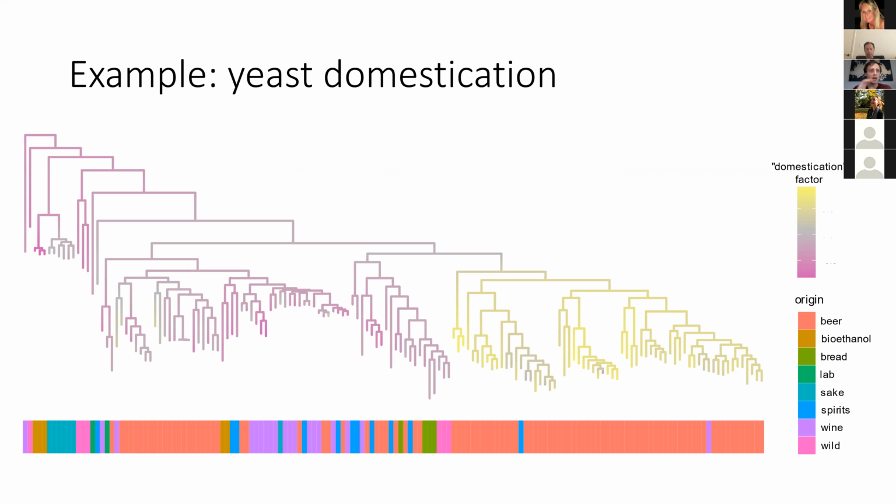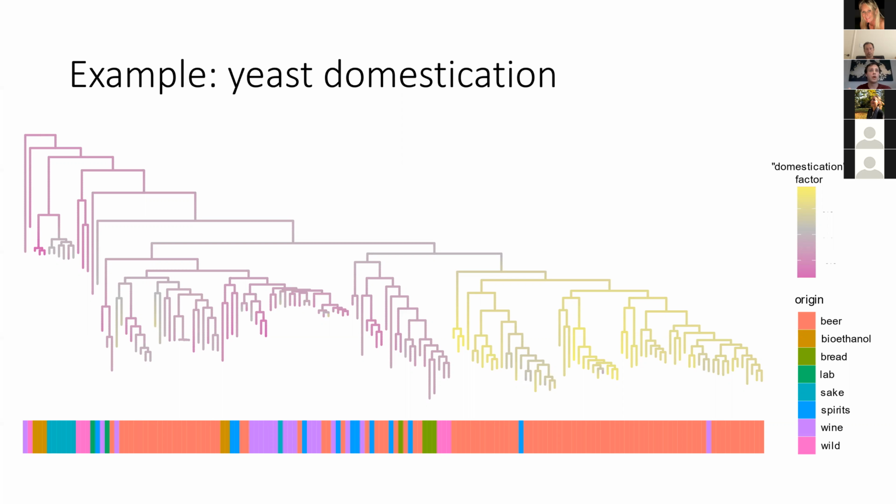And so we did what's called an exploratory factor analysis, where we just tried to identify how many factors are there, and what traits are those factors associated with, and found that there were two factors, one of which was a dominant factor, explained the majority of the variance, and that factor was very clearly associated with what we are labeling a domestication signal. So that factor was associated with lower tolerance to nutrient stress, lower tolerance to environmental stress, as well as a decreased ability to sexually reproduce.